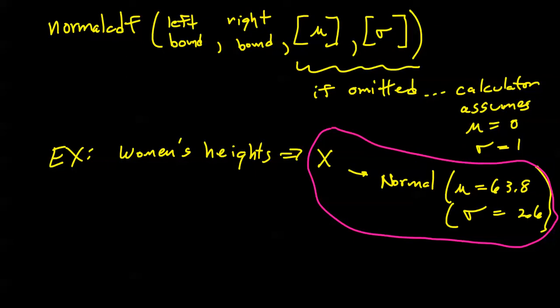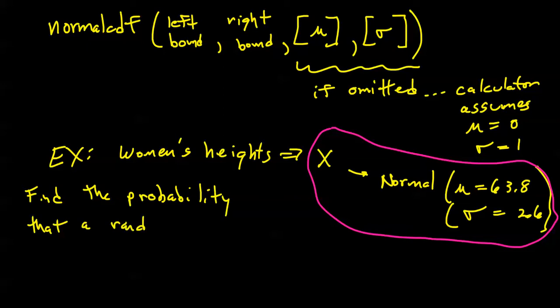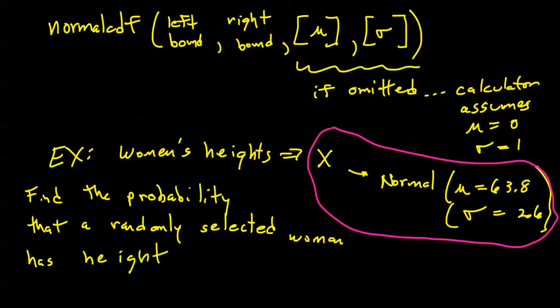With this assumption, I'll now want to find the probability that a randomly selected adult woman has a height, well, let's say between 60 inches and 70 inches.